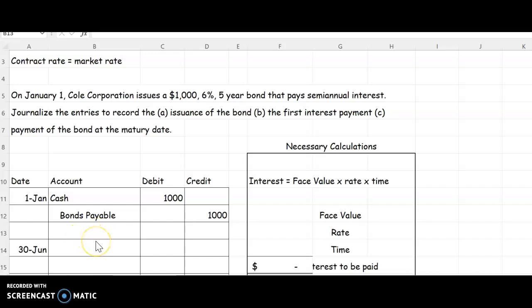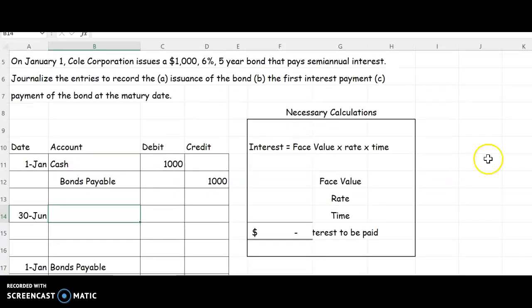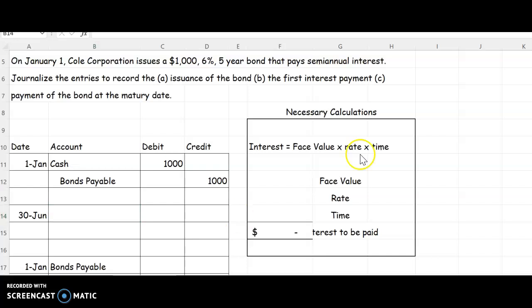Okay, and then next, we're going to have our semi-annual interest payment in 6 months. So that would be June 30th. So when we make this payment, we always pay it on the face value of the bond. Okay, so to get our interest payment, our face value is $1,000. Our rate is 6%.